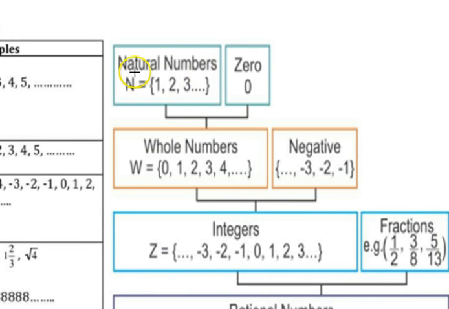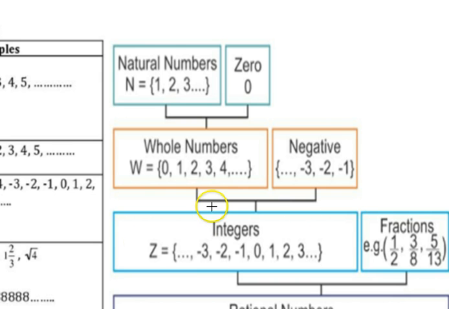Natural numbers, as I said, can be represented by N, and it's merely your counting numbers, which are 1, 2, 3, and so on. And then you have a number left, which is 0. If you include 0 to the natural numbers, what you get is whole numbers. And then what you're left with is negative numbers. If you further include these negative numbers, what you get is integers.